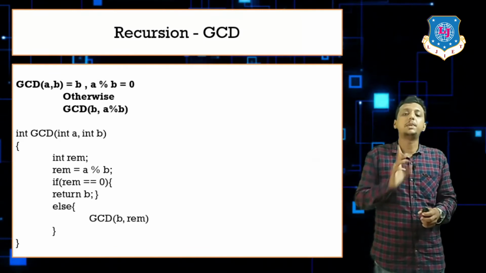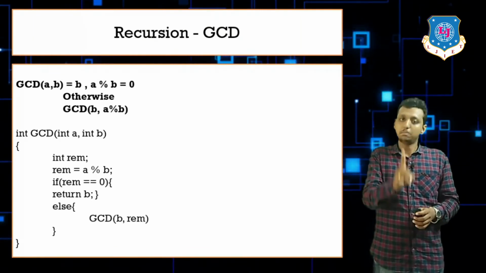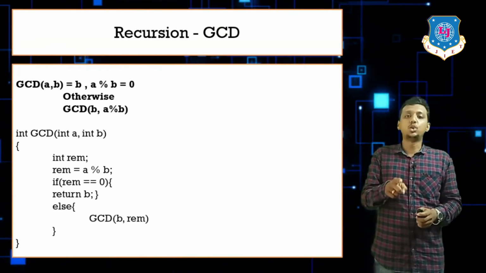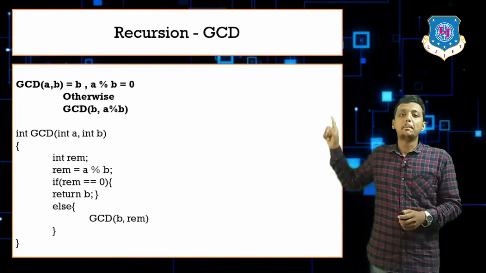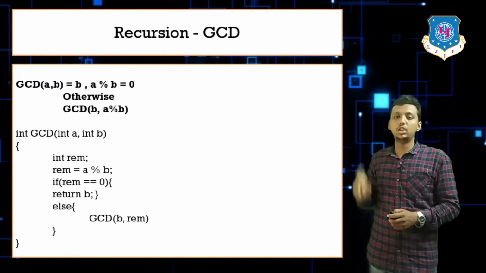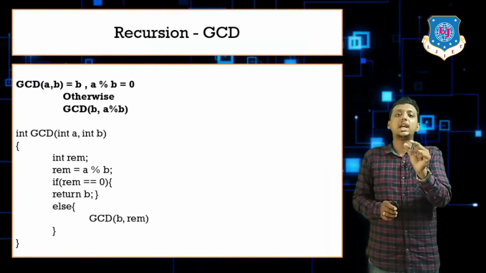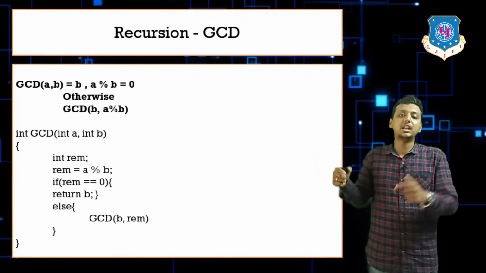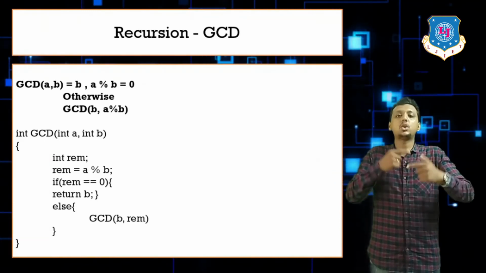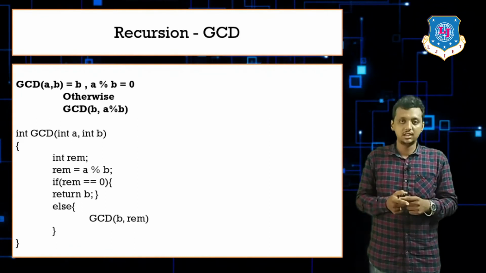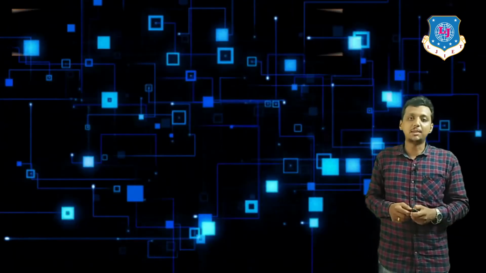Else, you just need to find GCD of b comma a modulo b. It means whatever remainder you get, you apply it as the b part again, and this function calls itself again and again. Let me show you an example.